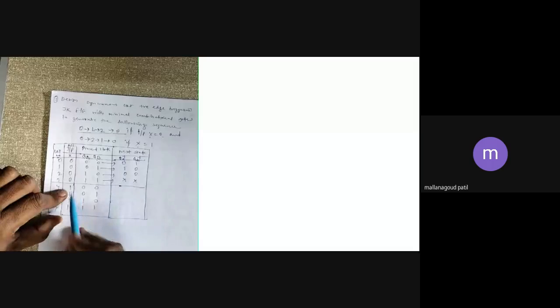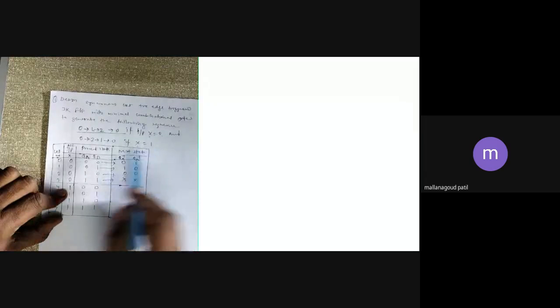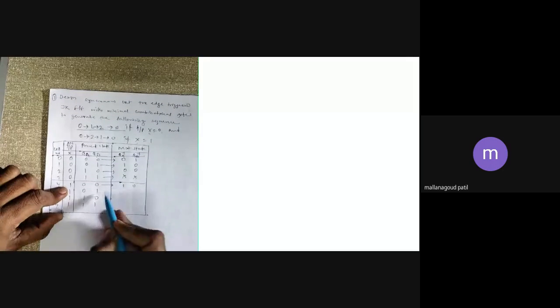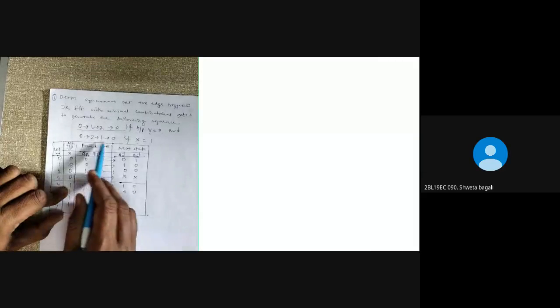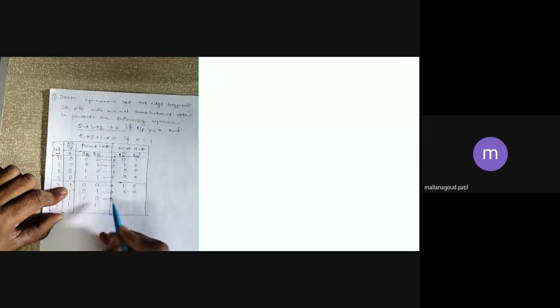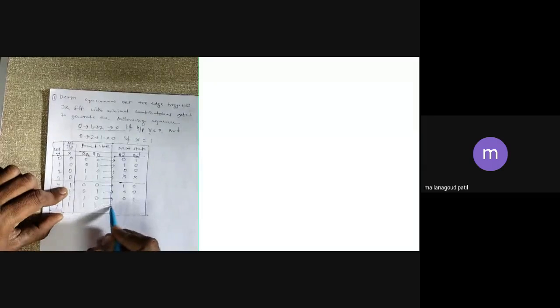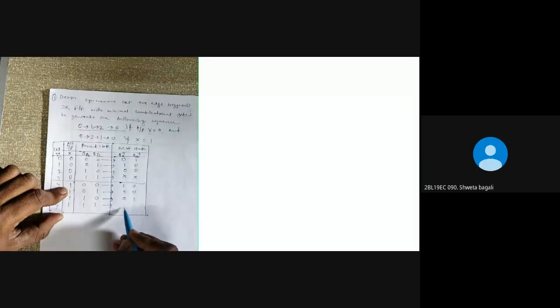Next, x equal to 1, what will be your count? 0 goes to 2. Then 1 goes to 0. Then 2 goes to 1. Then 3, 2 is don't care. Do you have any doubt for the next block?